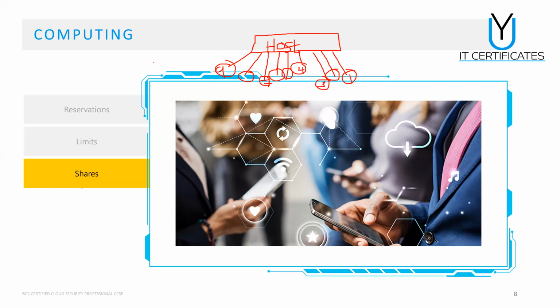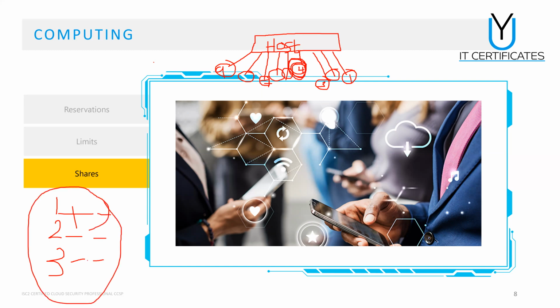But when we have the shares, it will work as a priority. If you say, okay, we will have priorities, for example, 4, 2, 3, then whatever VM number 4 requires, he should take. Then number 2 will have second priority, number 3 third priority, and the resources will be divided between the different VMs based on the shares.